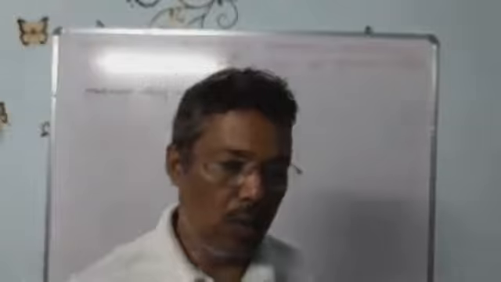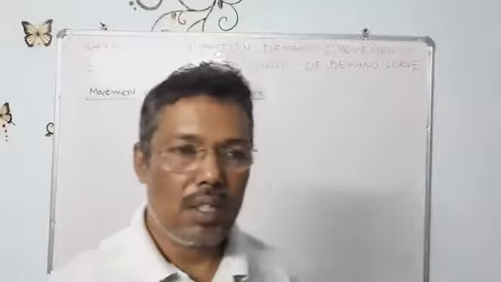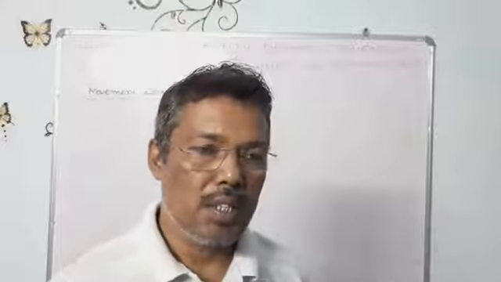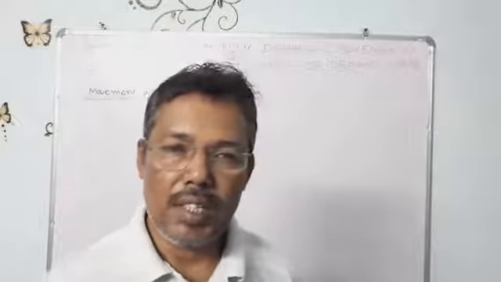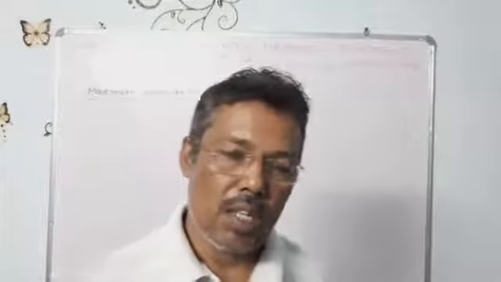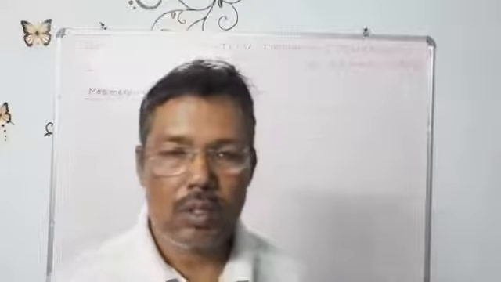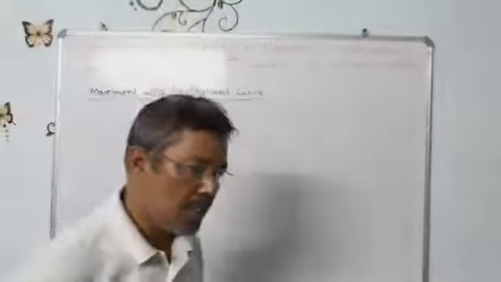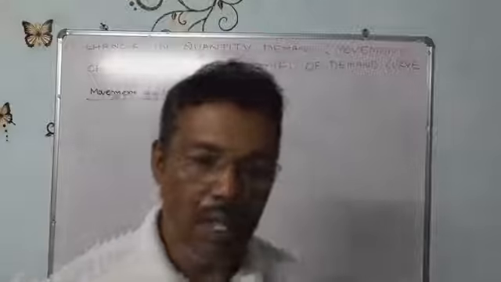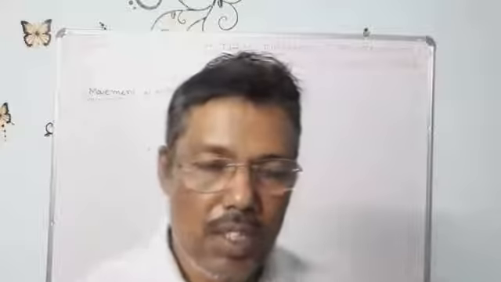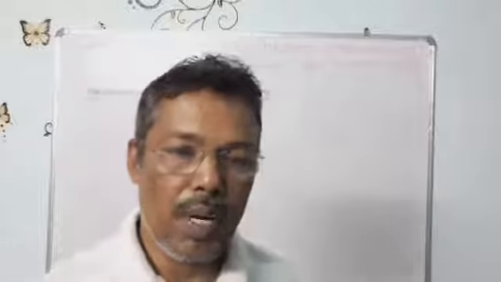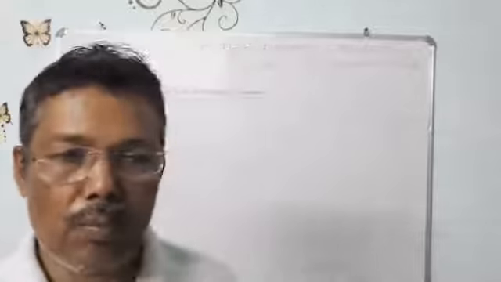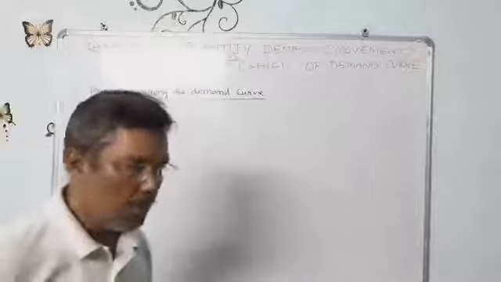And we have already known the law of demand: other things remaining the same, whenever the price increases, demand decreases, and vice versa, in case of normal goods at a given time. Or we may say, ceteris paribus, there is an inverse relationship between price and quantity demanded of a good at a given time in case of normal goods. That is called the law of demand.